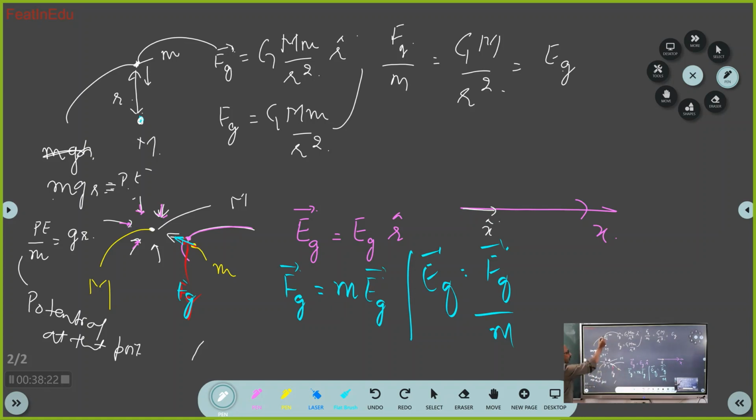Instead of keeping mass m, I am keeping unit mass. Then whatever is the potential energy for mass m divided by m, that will simply be equal to acceleration due to gravity into the distance. Are you with me? Here any confusion?